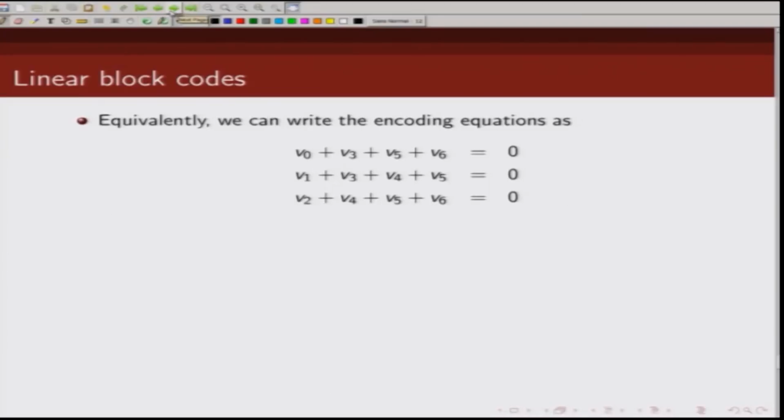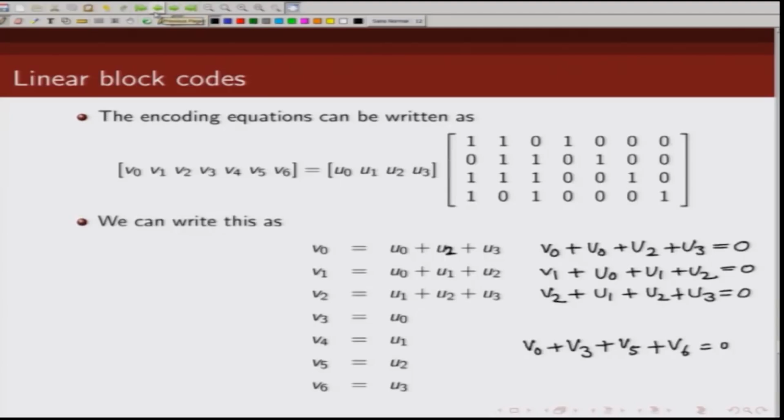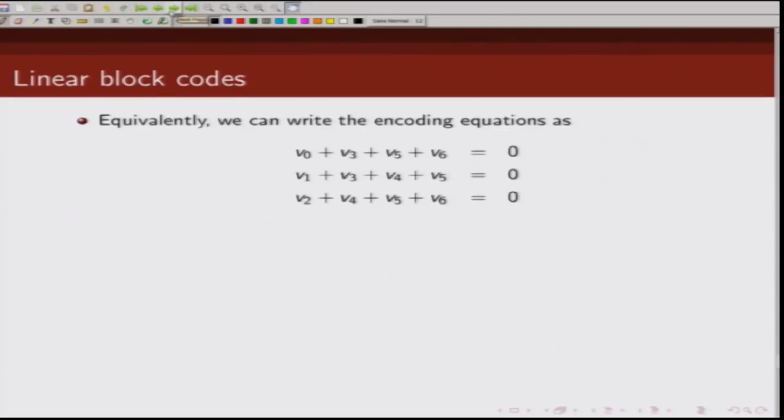Similarly, the last parity check equation can be written as V2 plus u1 is V4 plus u2 is V5 plus u3 is V6. So V2 plus V4 plus V5 plus V6 is equal to 0. Now we have a set of encoded equations in terms of coded bits.